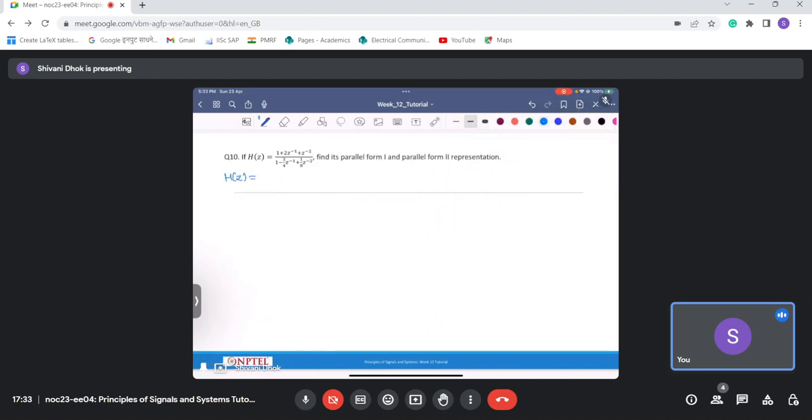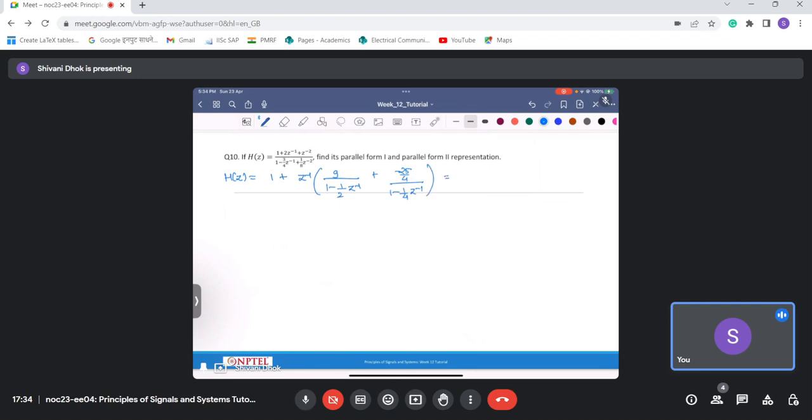So using this, I can write this entire expression, this H(z), as 1 plus z^-1, inside the bracket 9 upon (1 minus 1/2 z^-1) plus minus 25/4 upon (1 minus 1/4 z^-1).